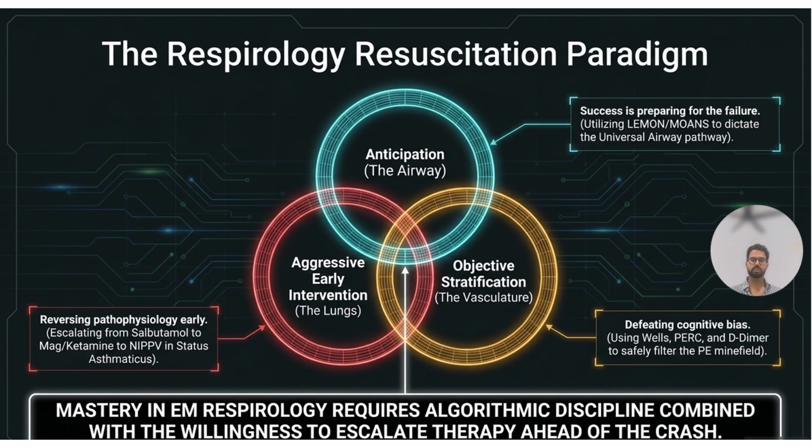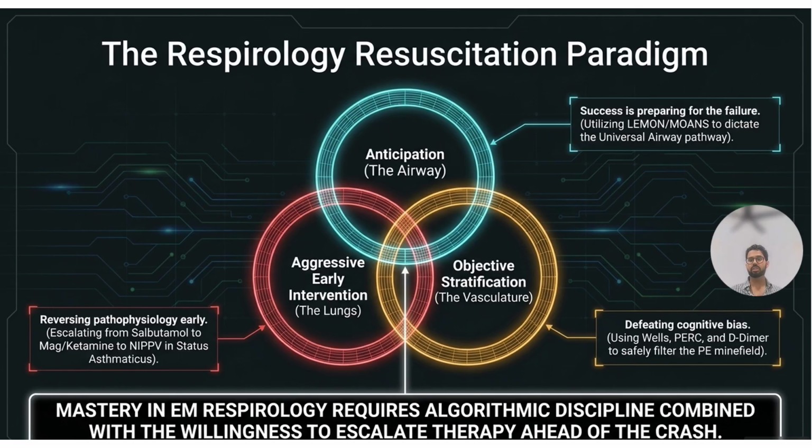Consider aggressive early intervention, especially when we're looking at the lungs and establishing a patent airway. We want to reverse pathophysiology early. So oftentimes, for instance, escalating from salbutamol to magnesium or ketamine to non-invasive positive pressure ventilation in status asthmaticus.